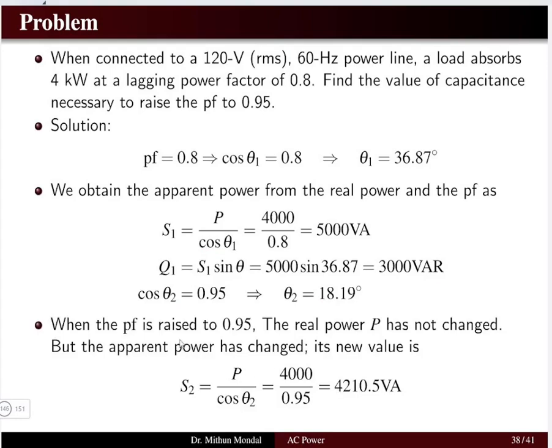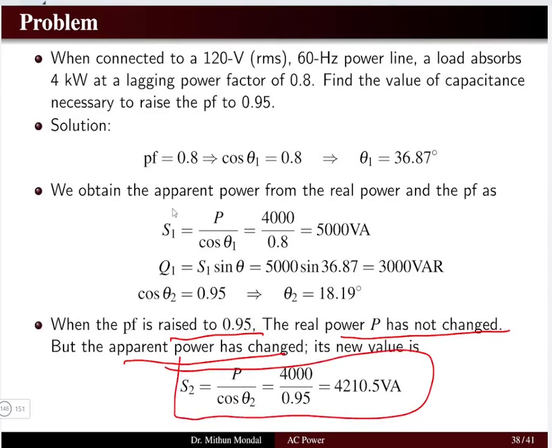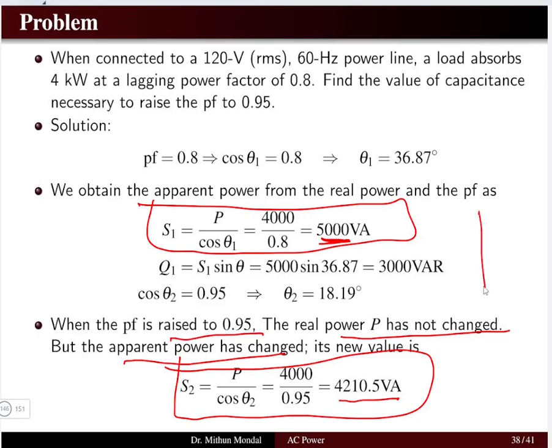When the power factor is raised to 0.95, real power does not change, it is constant, and the apparent power has changed, which we have to obtain. So S2 is at 4210.5 volt ampere. It was at 5000 volt ampere under the first condition. So the apparent power has come down.